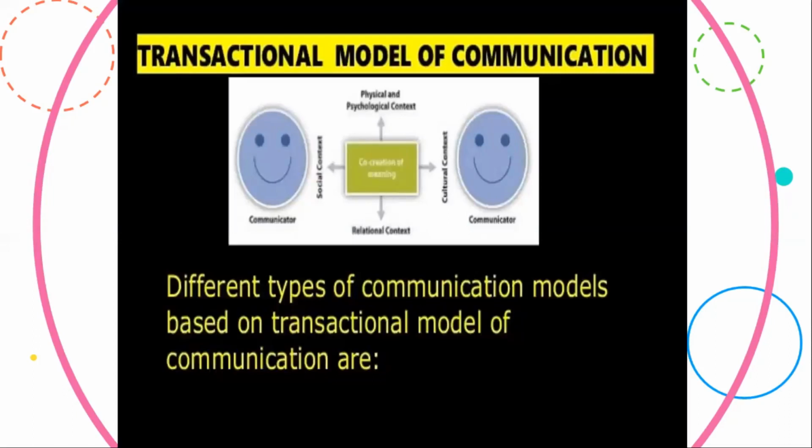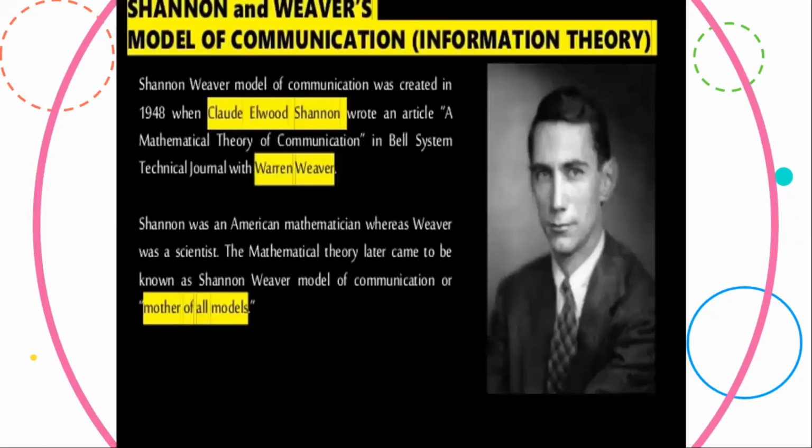There are different types of communication models based on the transactional model of communication, and these are Shannon and Weaver's model of communication. The Shannon-Weaver model of communication was created in 1948 when Claude Elwood Shannon wrote an article, A Mathematical Theory of Communication, in Bell System Technical Journal with Warren Weaver.